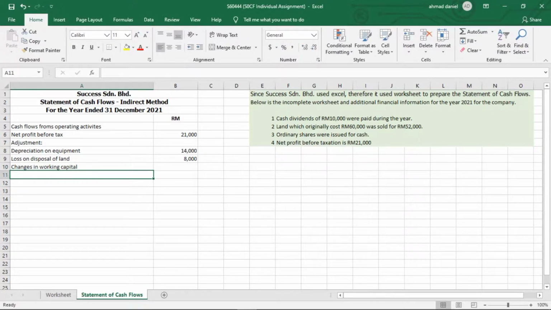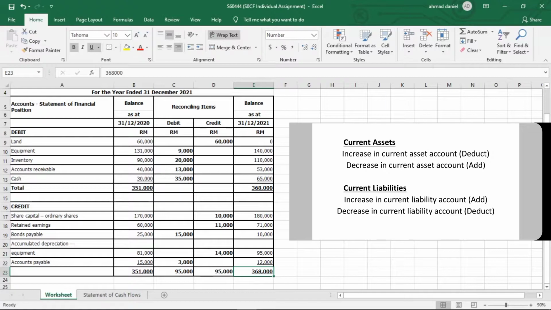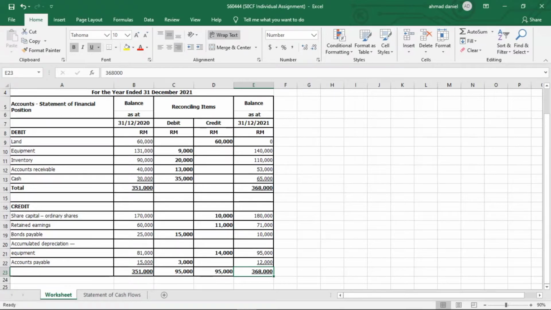Changes in working capital are taken from current assets and liabilities in the worksheet: inventory, accounts receivable and accounts payable. If the amount of current assets is increased, we deduct it, but if it's decreased, we add it. However, for current liabilities, if the amount is increased, we add it, but if it decreased, we deduct. Inventory and accounts receivable are increased, so we deduct.